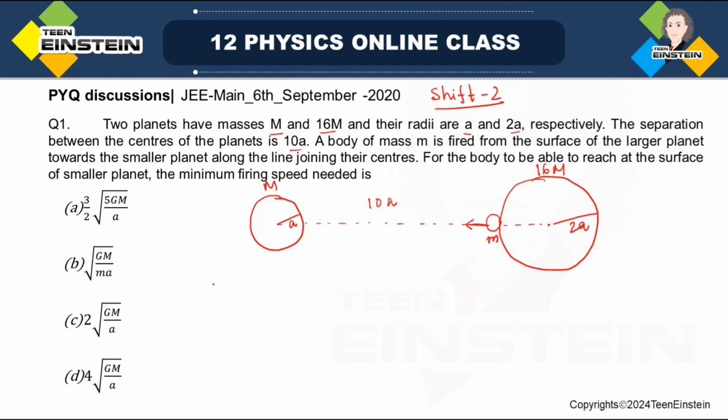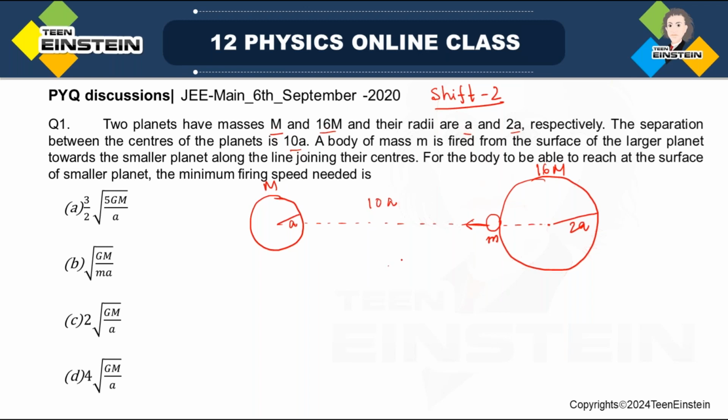Actually, we have to give minimum speed. See, this is actually the mass m. You know, this mass is attracted by the bigger planet as well as the smaller planet.